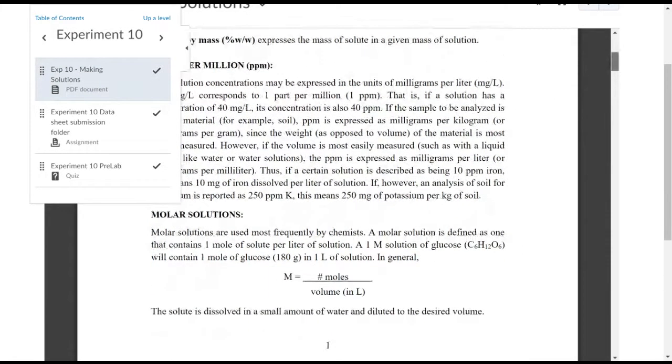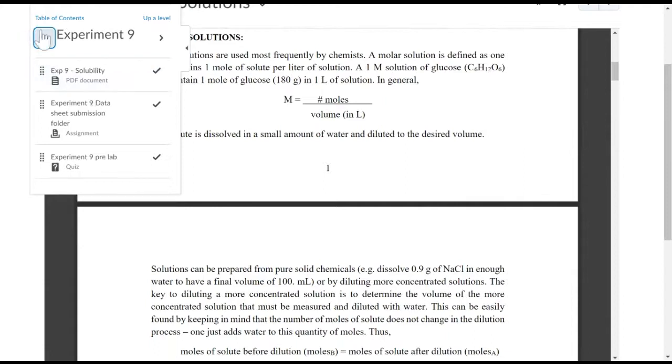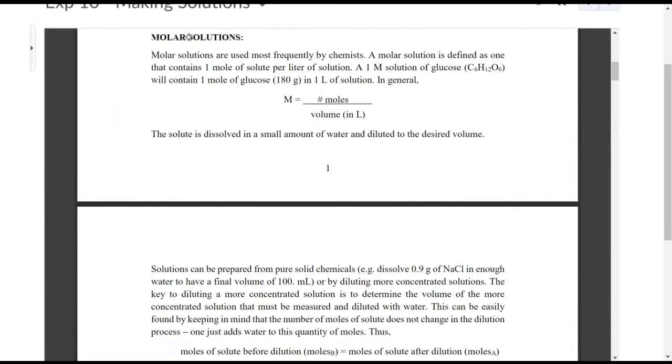So molarity is moles per liter of the solution. We need to know the number of moles. Now, how do we calculate the number of moles? To calculate the number of moles, we have to know the molar mass for the compound.